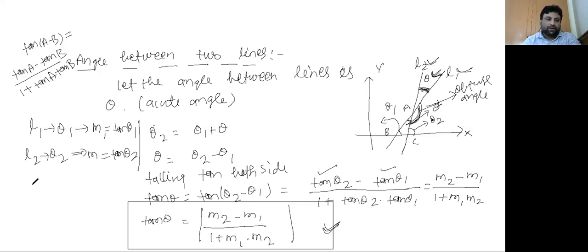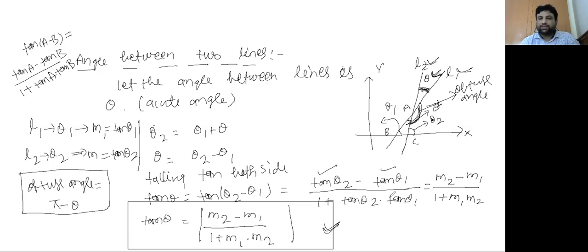So we can find the obtuse angle between lines using pi minus theta, because we know that the straight angle is 180 degrees. So the sum of this angle plus this angle is 180 degrees. So we can say that the obtuse angle is equal to pi minus theta. In this way we can find the obtuse angle also between two lines.